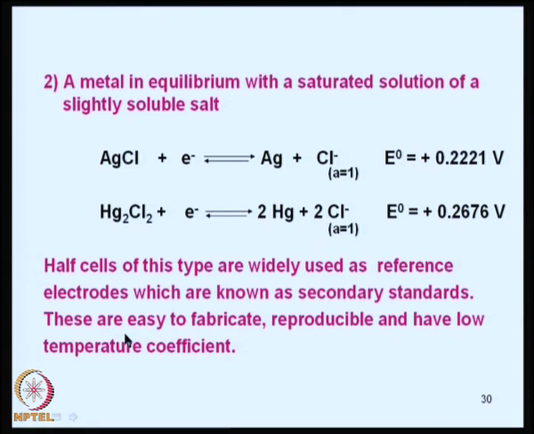These are easy to fabricate, they are reproducible, and they have a very low temperature coefficient. That means if the temperature varies, you will not see much change in the EMF, because temperature does not have a significant effect on the EMF.